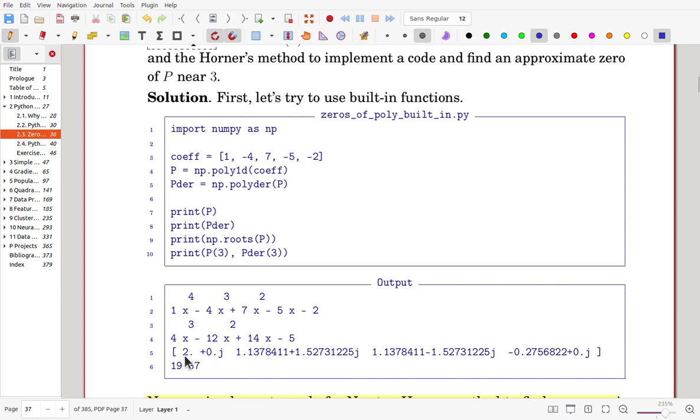A 0 imaginary part means that this is a real solution, and we have another real solution, and there are 2 complex conjugate solutions. And here P(3) and the derivative P prime(3) are printed out: 39 and 19 and 37.